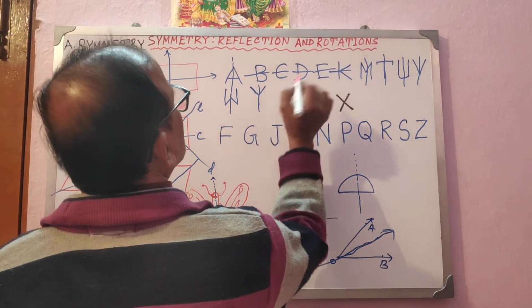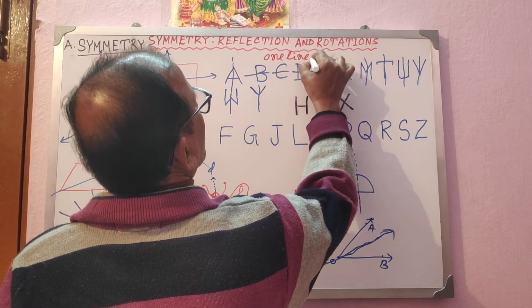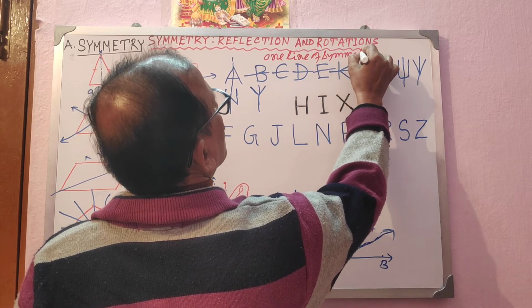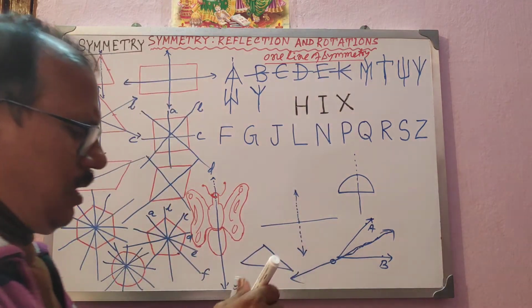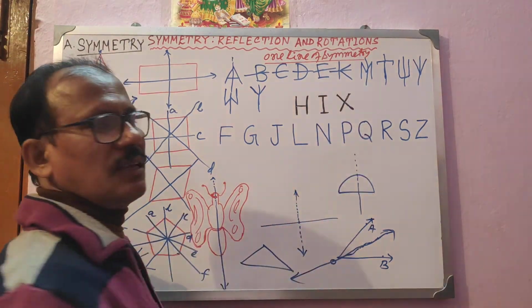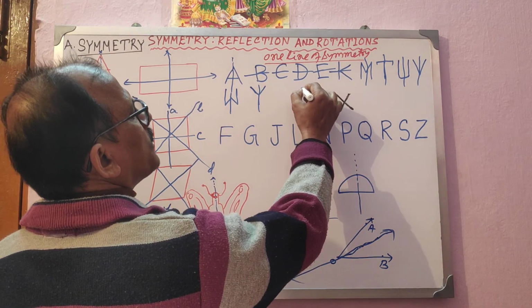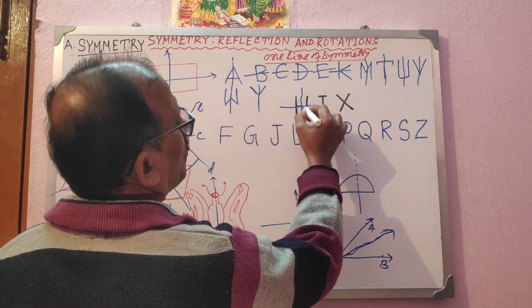This is one line of symmetry. These all letters. Now see, I have taken these: H, I and X. See, in H you can draw one line of symmetry vertically, another line of symmetry horizontally also.